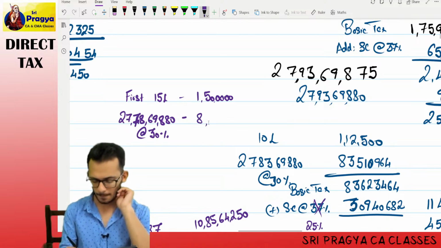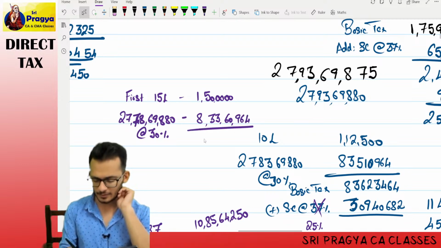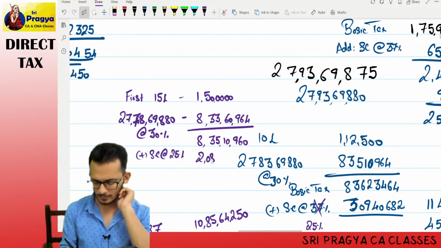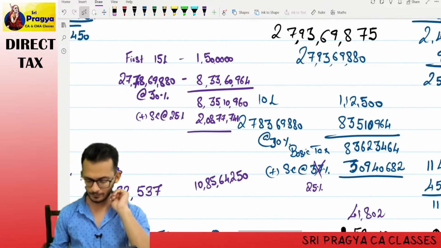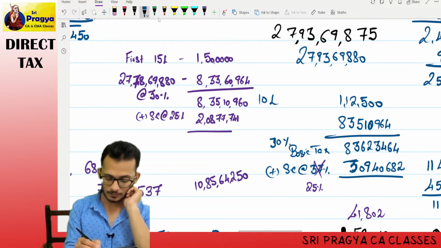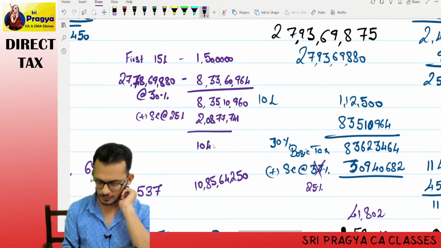8 crores 33 lakhs 60,964. Add the numbers. Add these two numbers first. 10,43,88,7015.